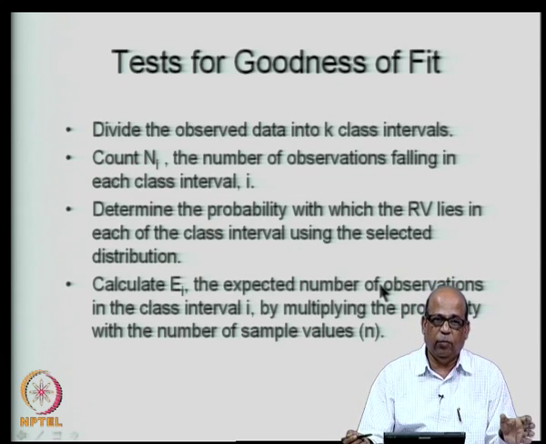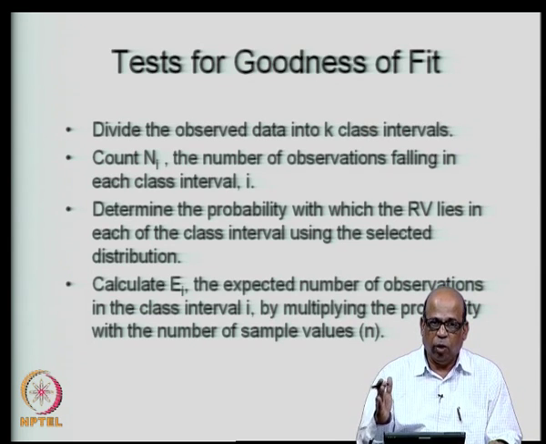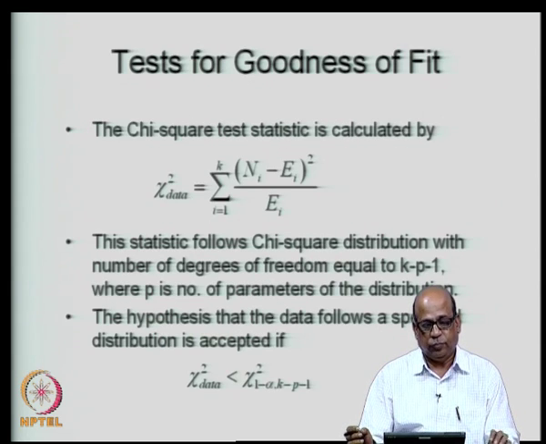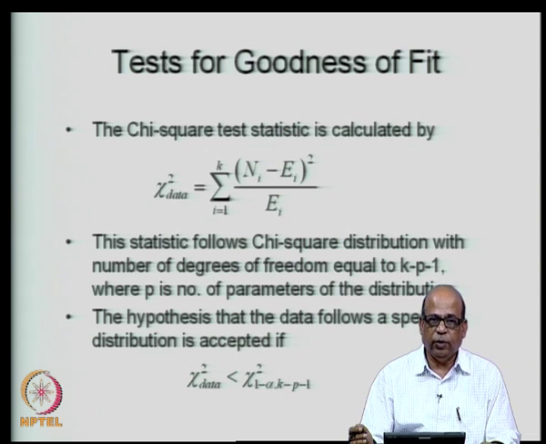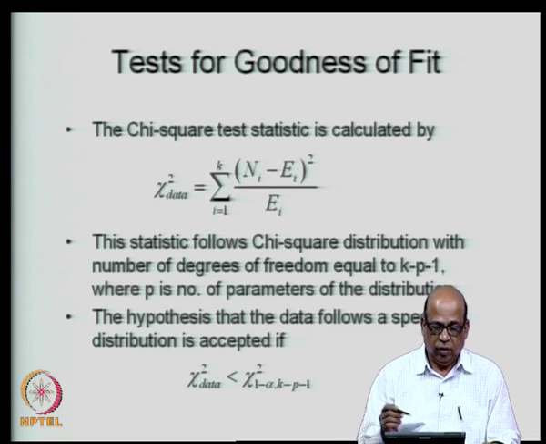So, there is an observed number of observations in each of the class intervals. Now, we also obtain the expected number of observations in each of the class intervals. Then we compute a statistic which is called the chi-square test statistic from the data.